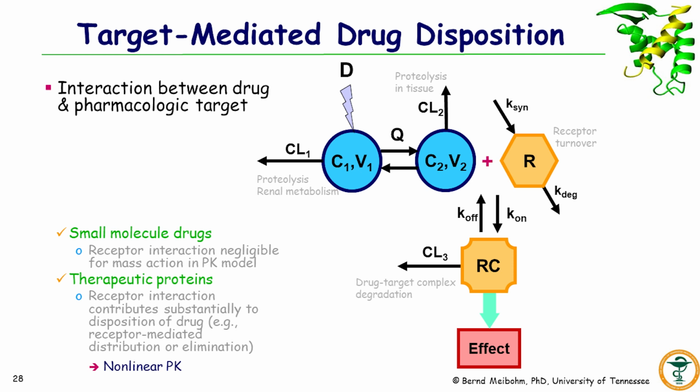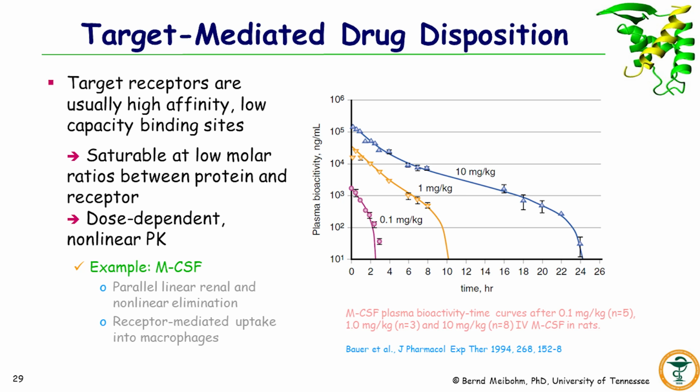And the consequence of that is a non-linear pharmacokinetic behavior. So target receptors are usually high affinity, low capacity binding sites. They're saturable at low molar ratios between the protein and the receptor. And that, as I mentioned, leads to dose-dependent nonlinear pharmacokinetic behavior.